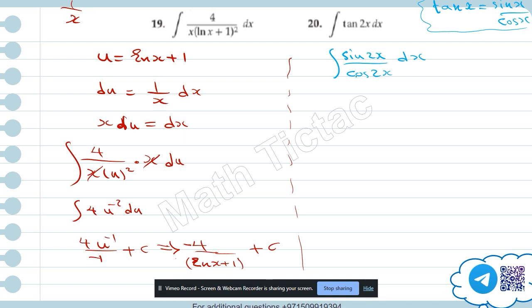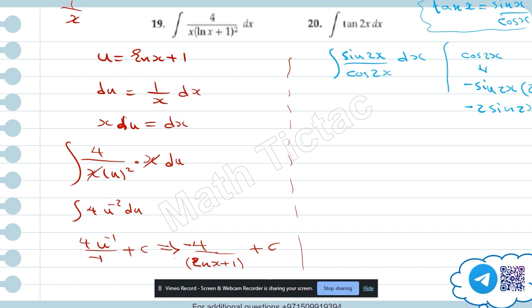Now let's see the denominator. The derivative of cosine 2x is equal to minus sine 2x multiplied by the derivative of what is inside, which is 2, using the chain rule. So this is minus 2 sine 2x.